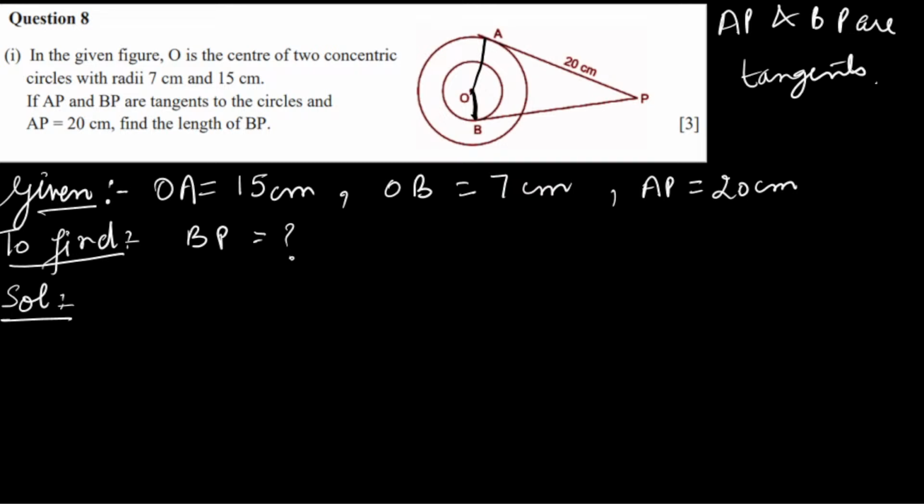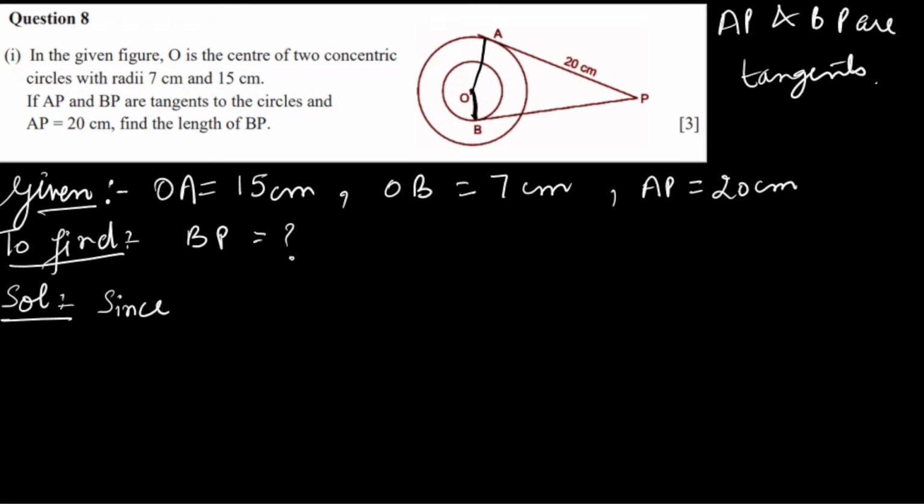So whenever you see, first of all, radius and tangent, the concept should come to your mind that radius and tangent are perpendicular to each other.